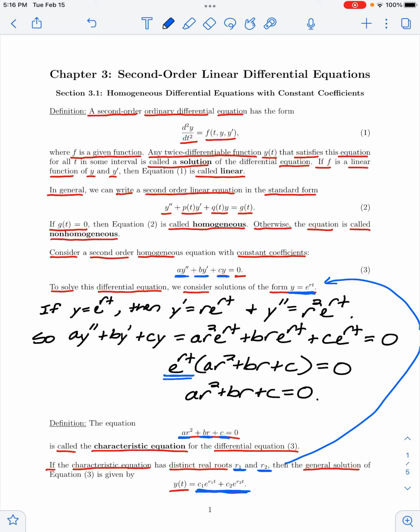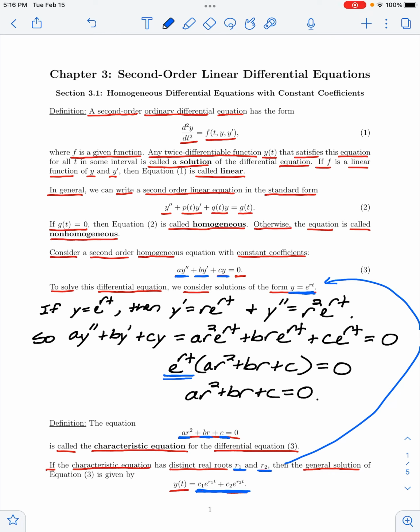Something of the form c1 e to the r1t plus c2 e to the r2t, where c1 and c2 are arbitrary constants. And it's not immediately clear why the general solution would have this form, but in our next section, 3.2, we will justify why the solution takes this form.